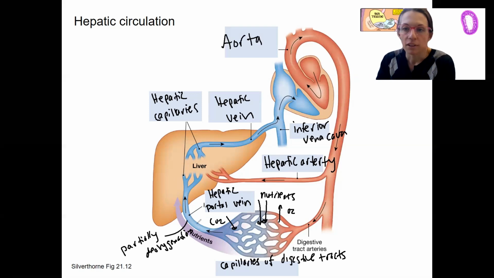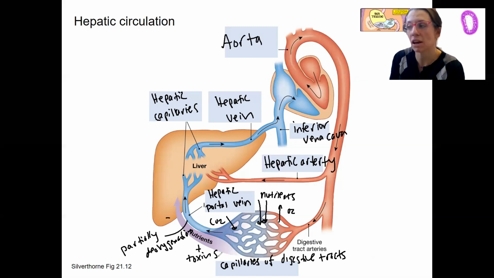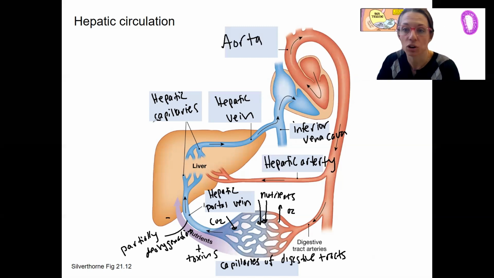So this delivery of these absorbed materials directly to the liver highlights the importance of this organ as a biological filter, right? We've got nutrients and toxins, drugs, any drug you take. So the hepatocytes are going to contain enzymes that metabolize drugs, help clear toxins from the body before what?